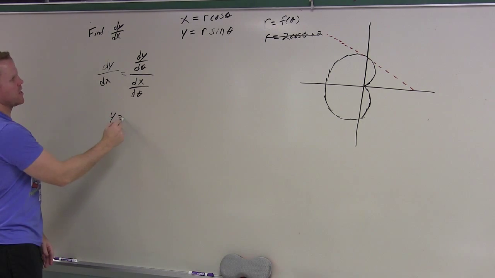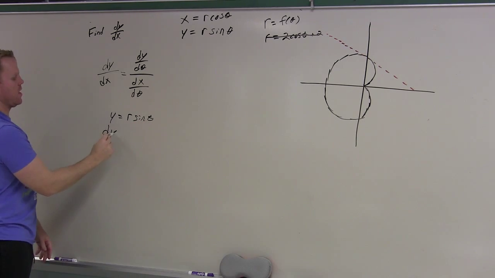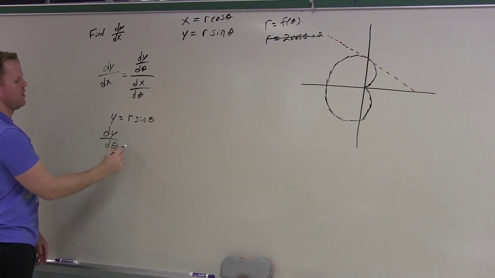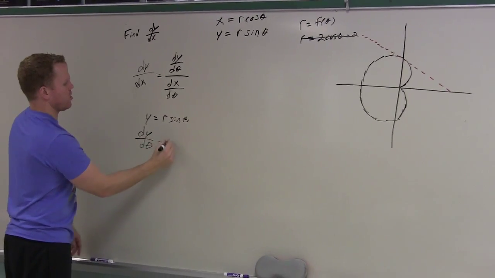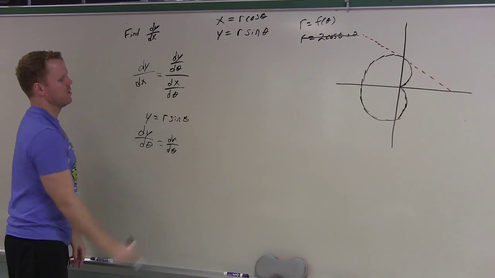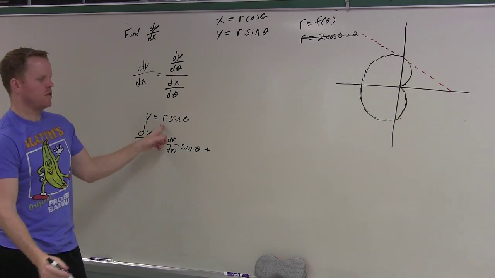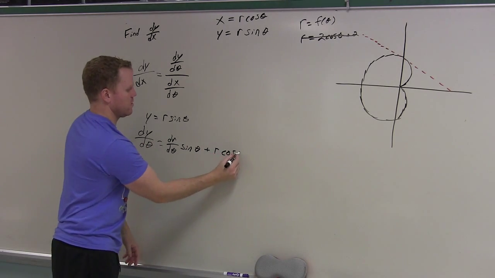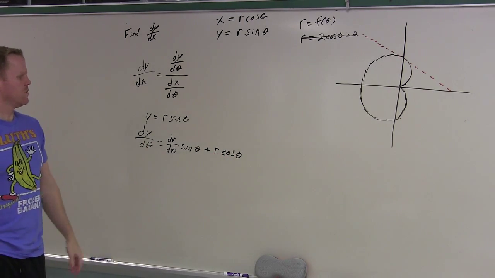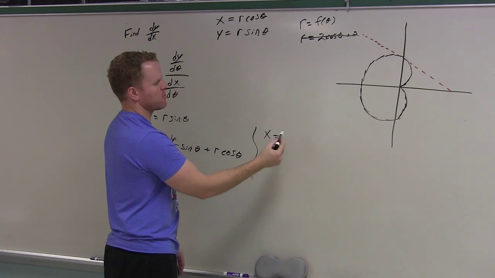So if y is equal to r sine theta, then dy/dθ is just the derivative of r, which we would call dr/dθ, leave the sine, plus, now leave the r, and then the derivative of sine is cosine. And then I also need the derivative of x with respect to theta.